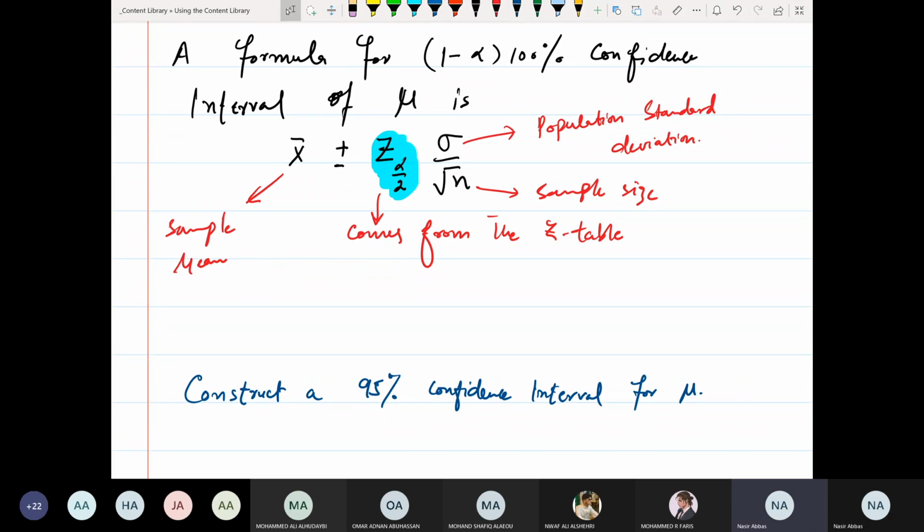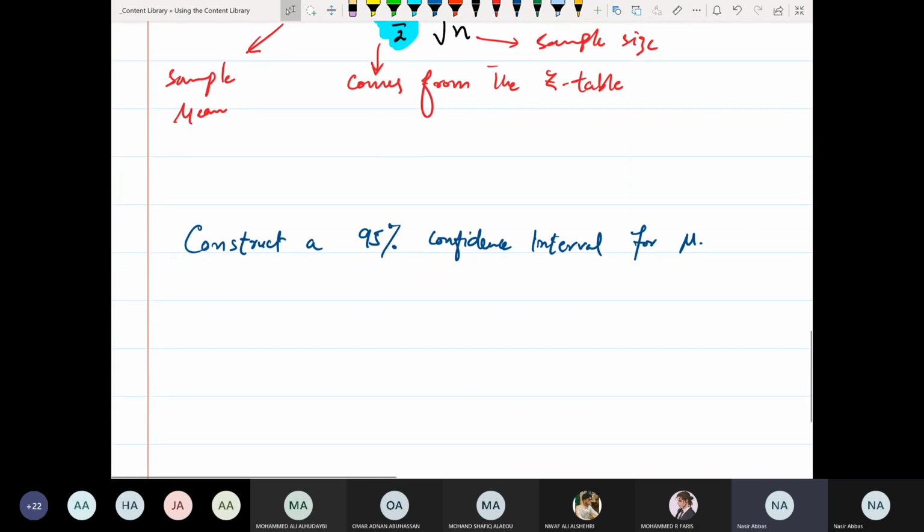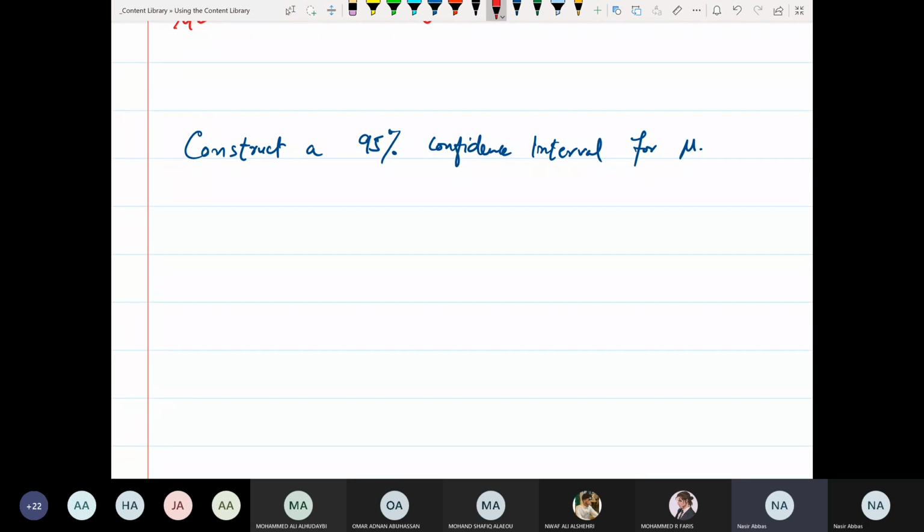So if 1 minus alpha is 0.95, you should be able to deduce that alpha is 0.05. That's the first thing.